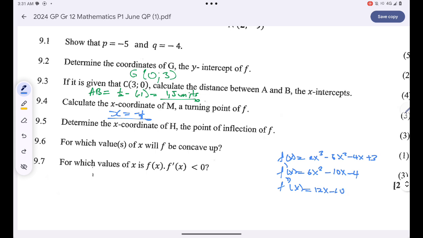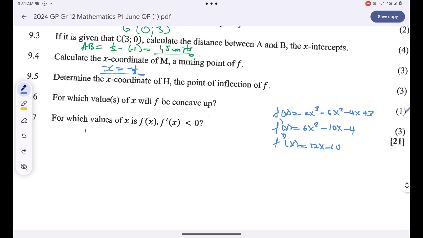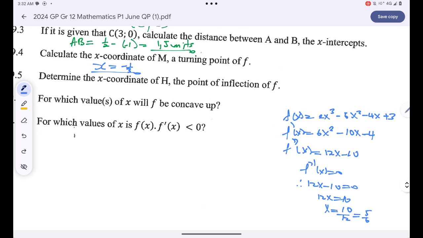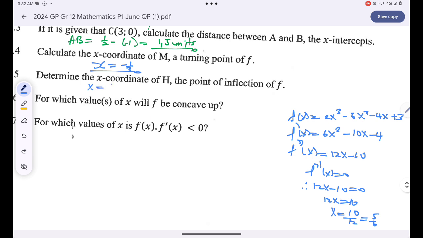For the x value at the point of inflection, I must simply make the second derivative equal to 0. So f double prime is equal to 0. Therefore 12x minus 10 is 0, 12x is equal to 10. That means x is 10 over 12, which is just 5 over 6.